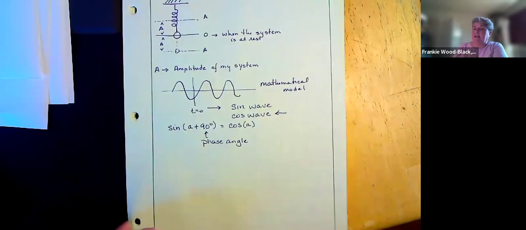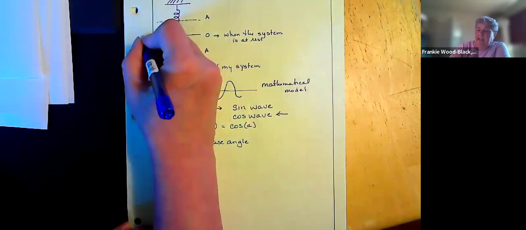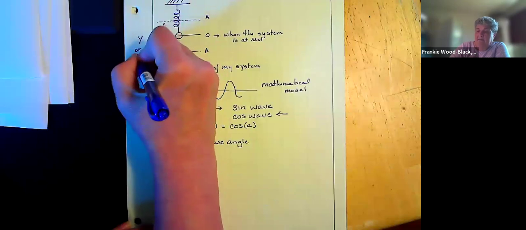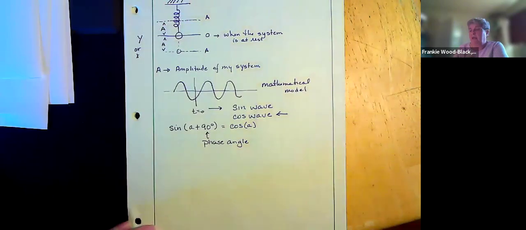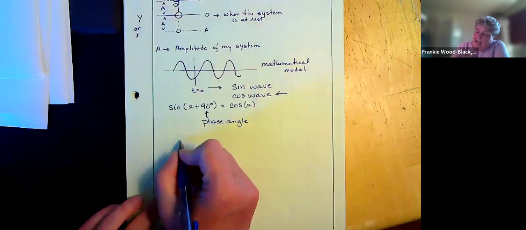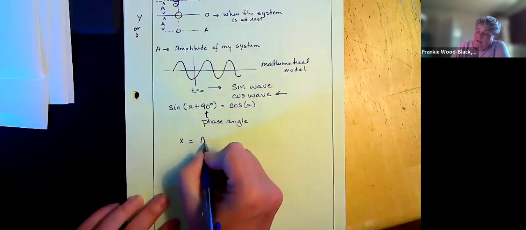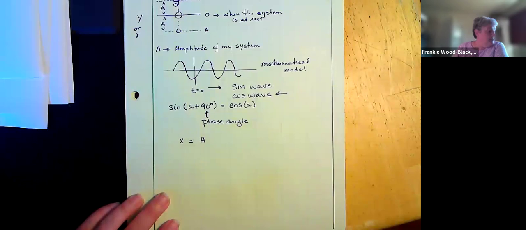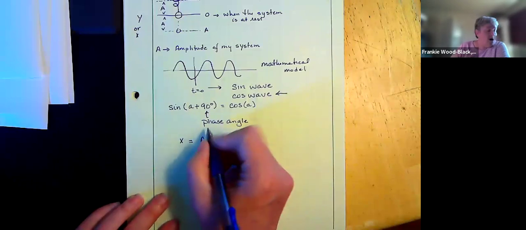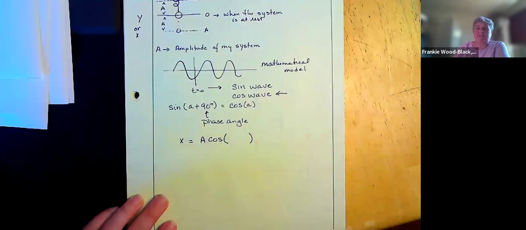So we're going to say that the position of this ball at any time, and I can use y or x because I'm in linear motion, and we like to use x instead of y, even though I'm up and down. I can say that x is going to equal some A cosine, and I'm going to put something in there to represent my position.